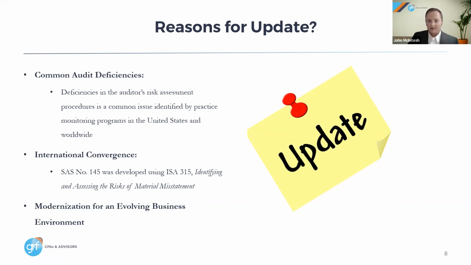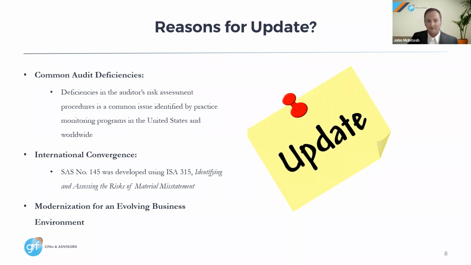Both the FASB and the ASB have been working towards convergence with international standards for a number of years on a number of topics, and SAS 145 was used to achieve convergence with international standards for risk assessment. The third and final reason for the standard was due to general modernization. When the current risk assessment standards were written, many of today's technologies were not in existence.